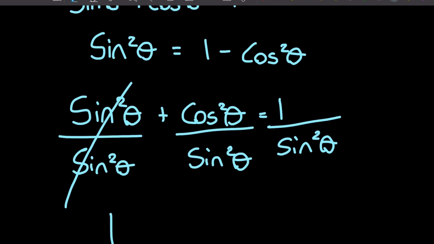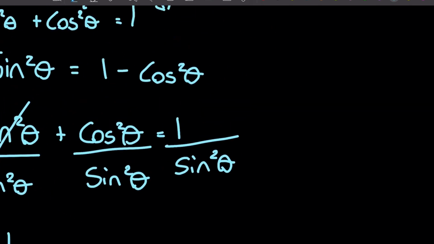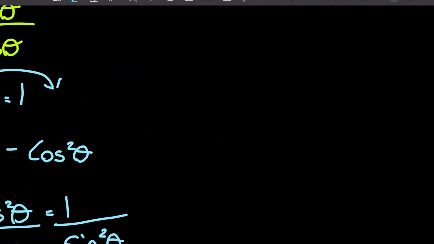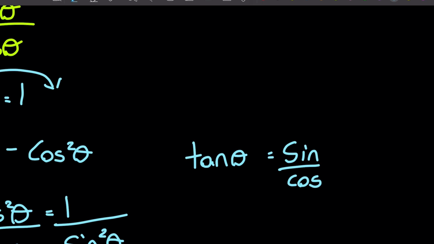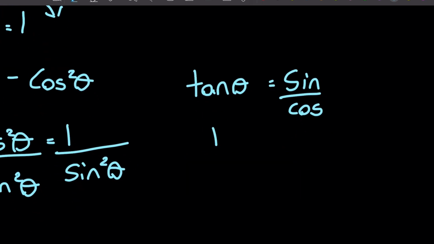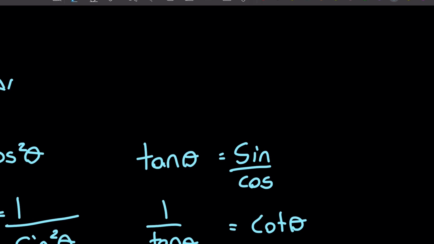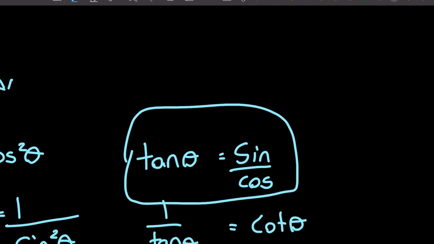Cos squared theta over sine squared theta, well, let's look at it this way. If we know that tan theta equals sine over cos, and we know that 1 over tan theta equals cot theta, then what is 1 over tan theta in terms of sine over cos?